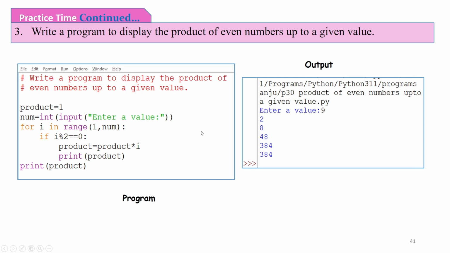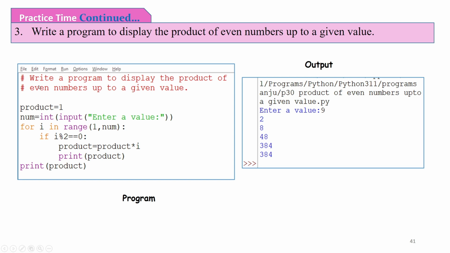It will not be a question such as print the product of the first n numbers till n. It will just take that number, and till that number it will only multiply the even numbers.